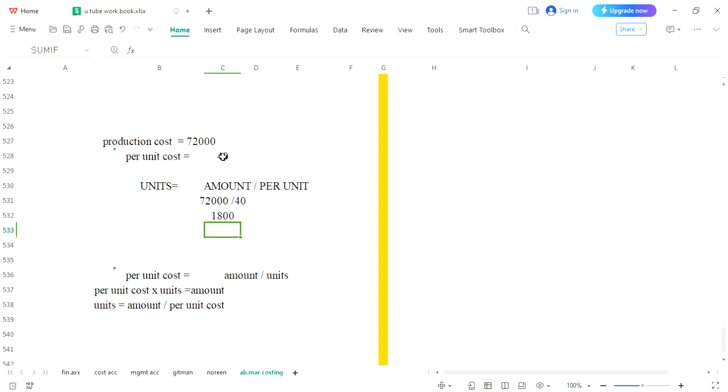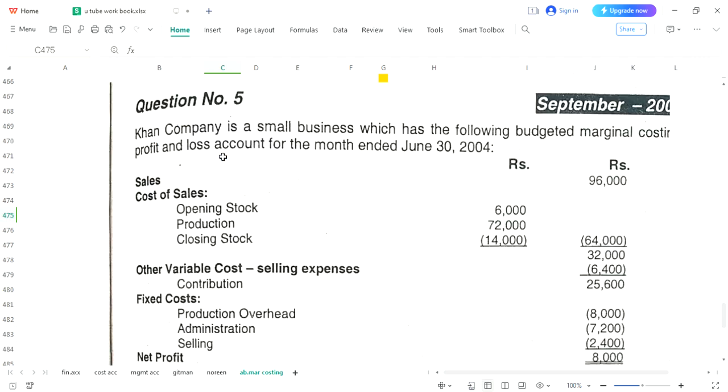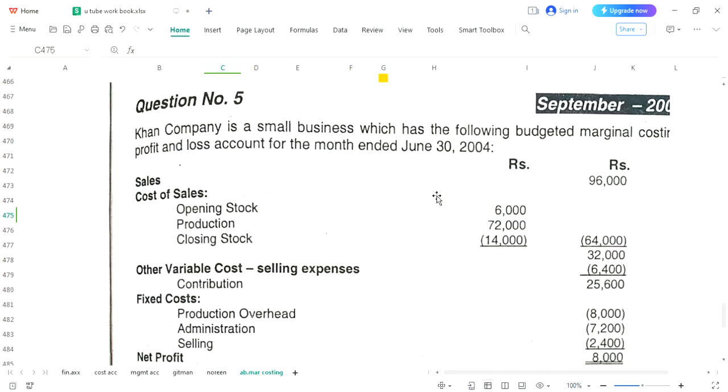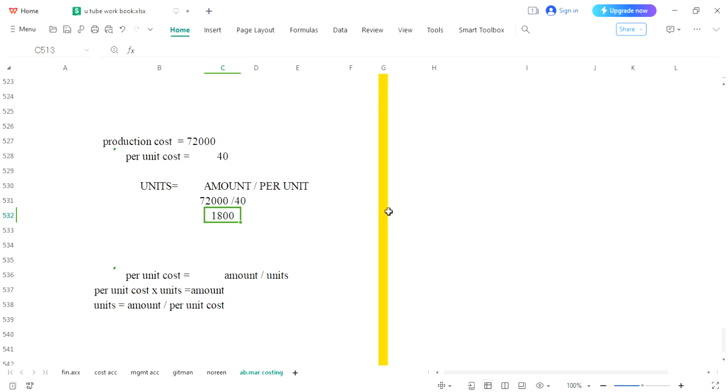So we have found 1800 as the number of units. The number of units in the question was not given, and it means that for 72,000, the number of units was 1800. This is a very important factor.